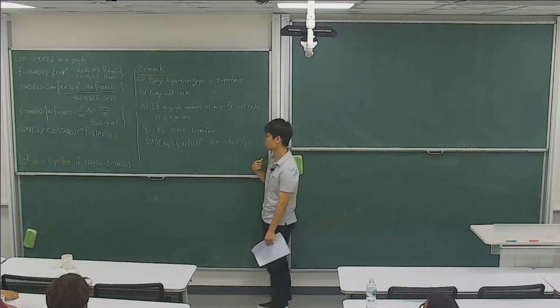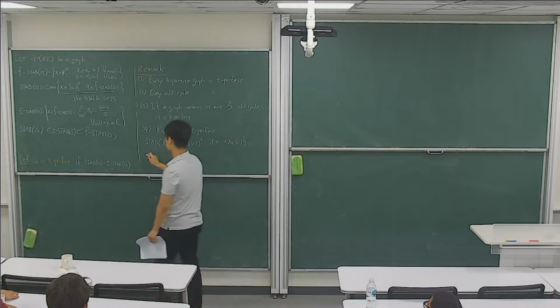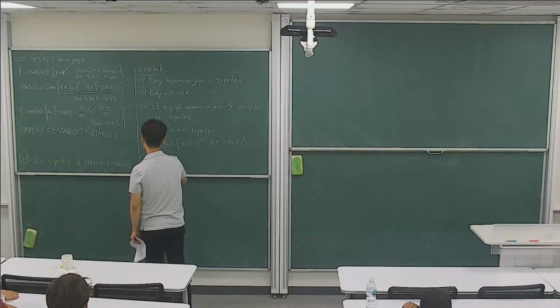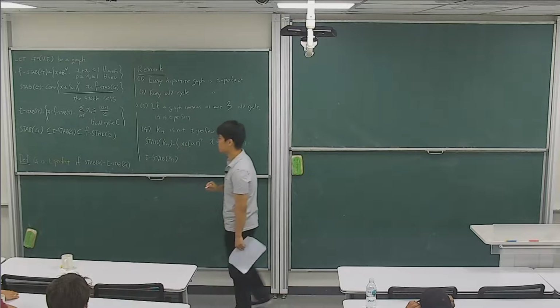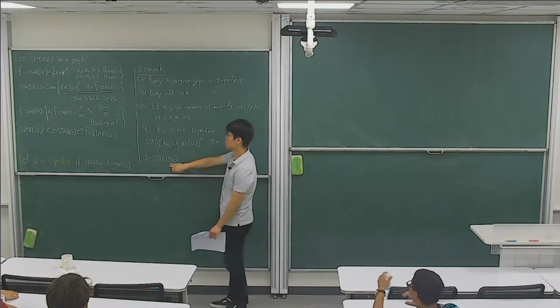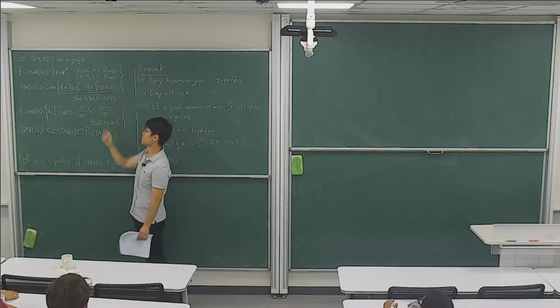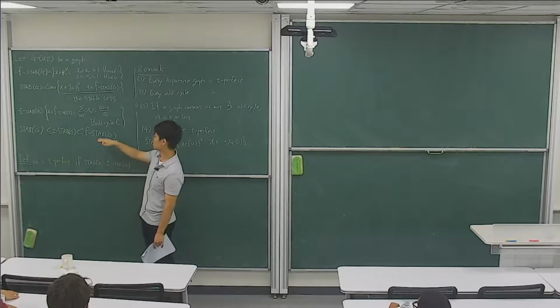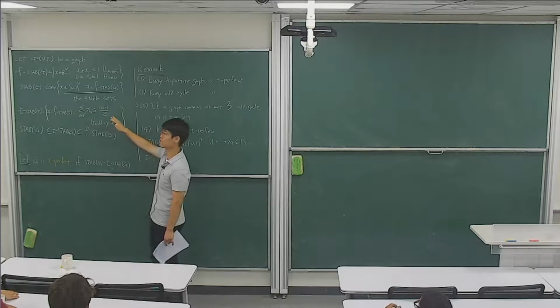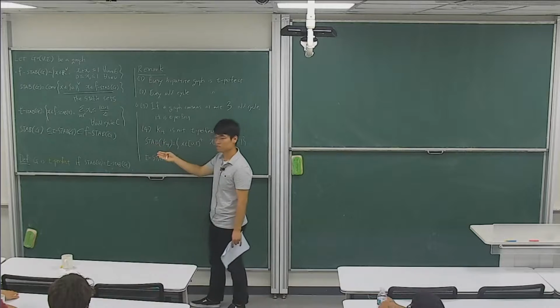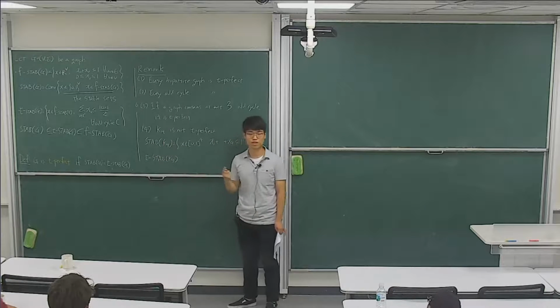But if you look at T-step of K4, it's defined by these two types of inequalities and also triangle inequalities. The triangle inequality will be like x1 plus x2 plus x3 less than or equal to 1.